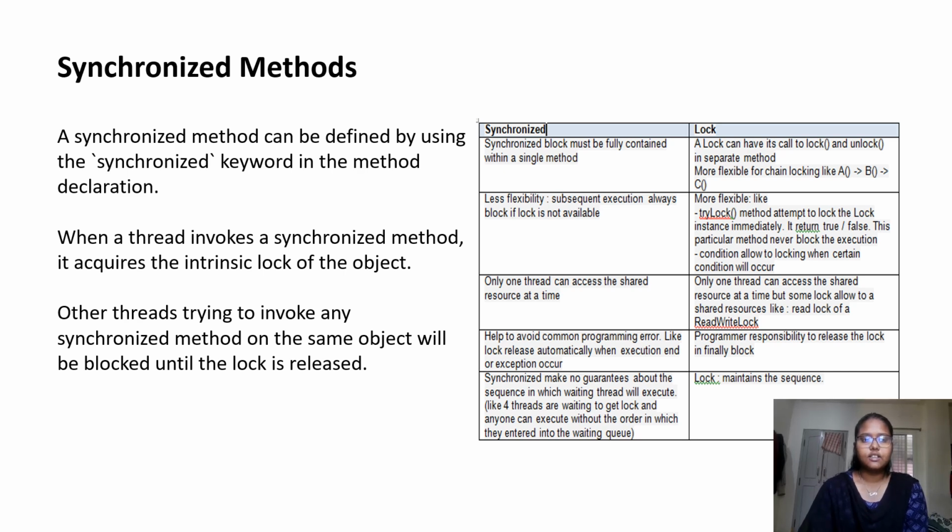When a thread invokes a synchronized method, it acquires the intrinsic lock of the object. Other threads trying to invoke any synchronized method on the same object will be blocked until the lock is released.